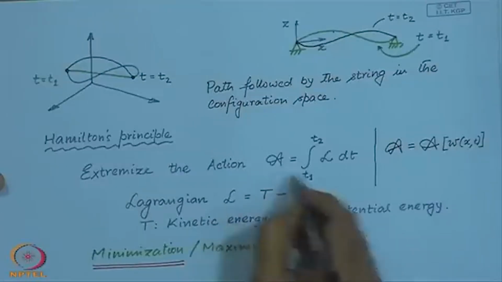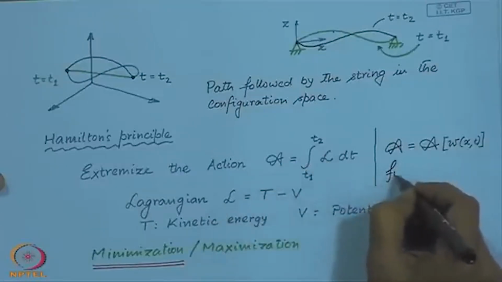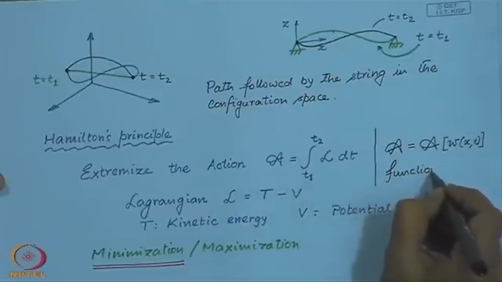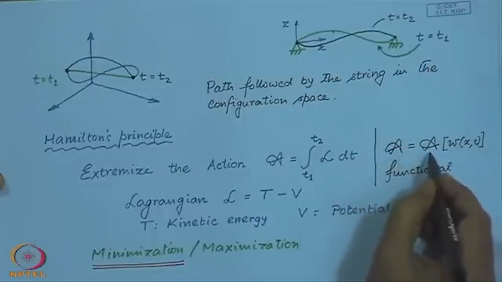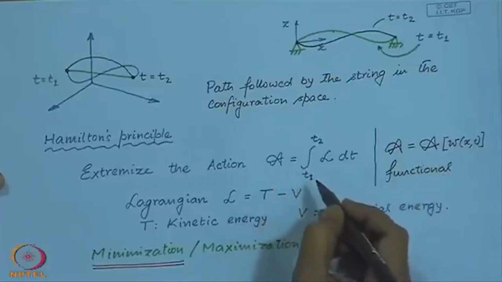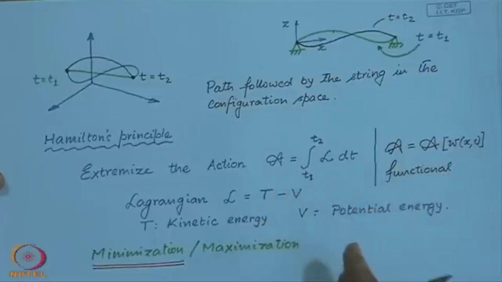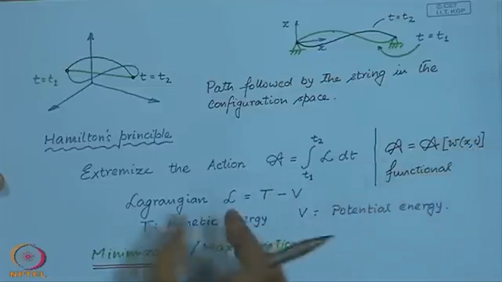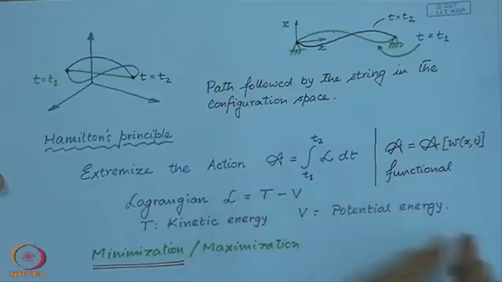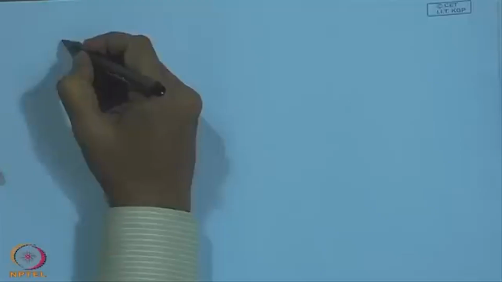Such a thing is called a functional. So, it is a function of a function. So, we have to minimize over functions. We have to find a function which minimizes the action. Now, this is slightly different from something we talk about in minimization of only functions. So, let us see.